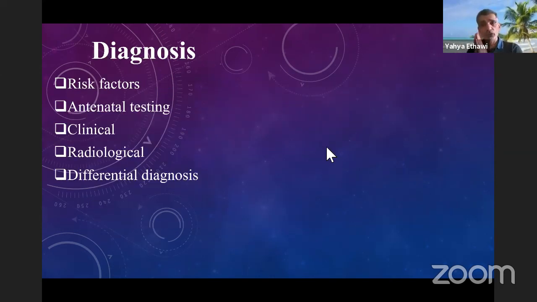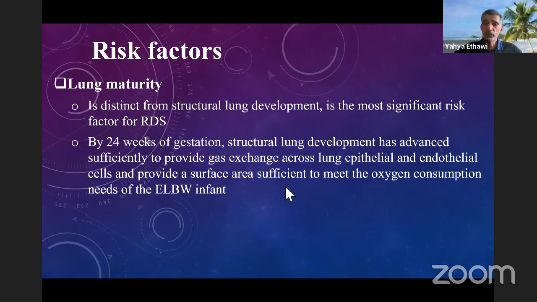How do we diagnose? We look for risk factors. We do antenatal testing, we do clinical, then radiological assessment, and we have to exclude other diseases. Risk factors. The first risk factor, as we said, is lung immaturity, because structural lung development is a very significant risk factor for RDS.